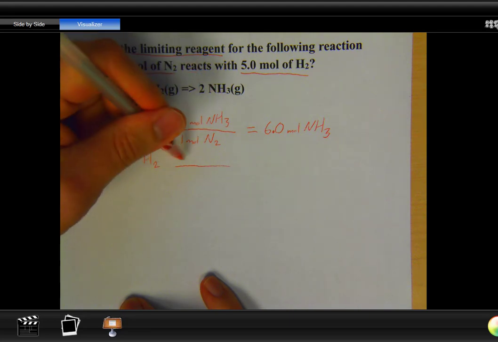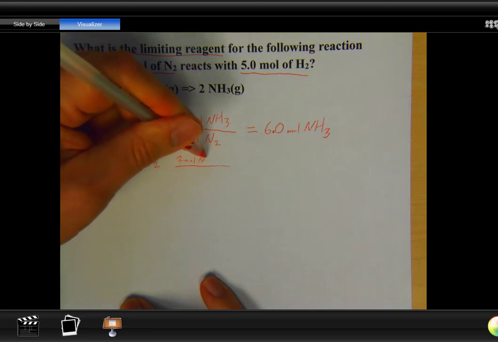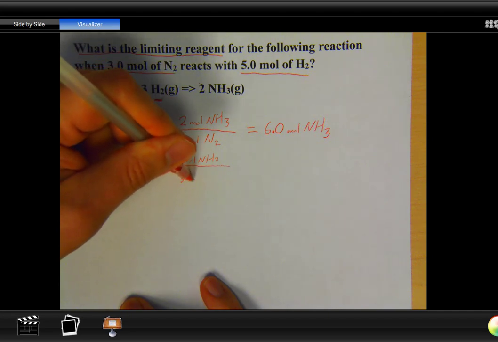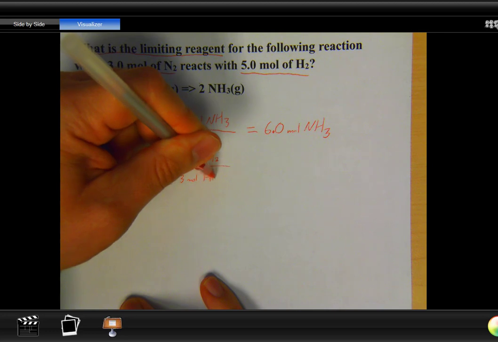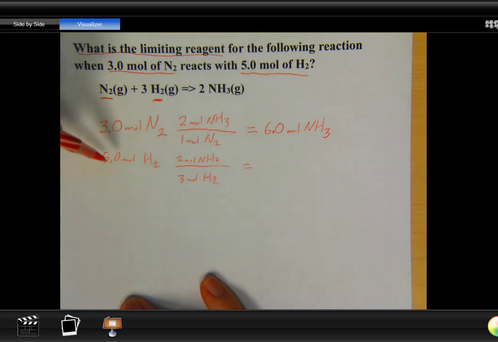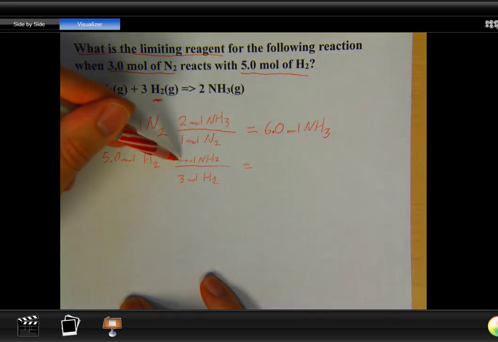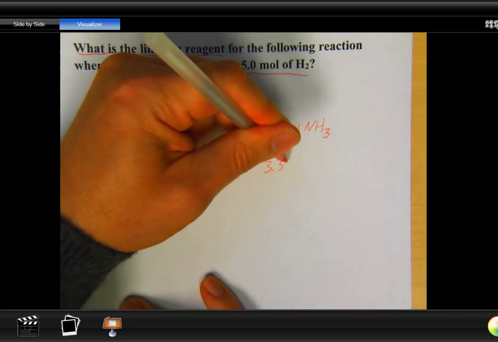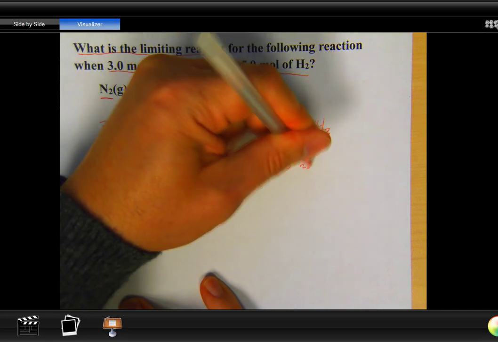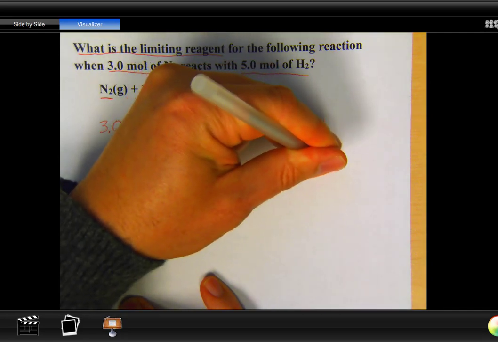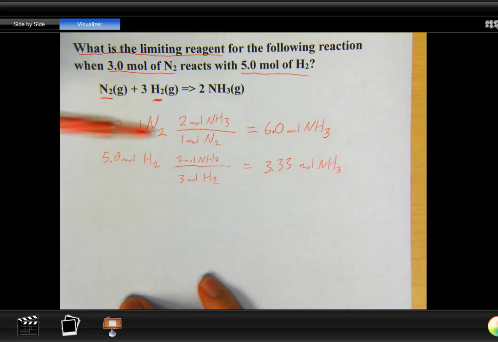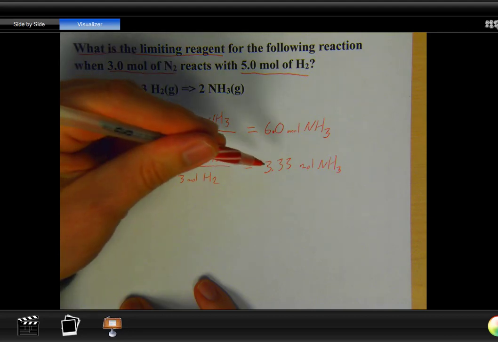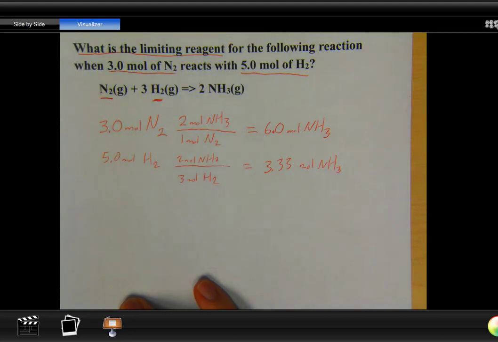Here we have 2 moles of NH3, and we'll need 3 moles of H2. So we do the math: 5 times 2 is 10, and 10 divided by 3 gives us 3.33 moles of NH3. So if we had 5 moles of H2, we could make 3.33 moles of NH3.